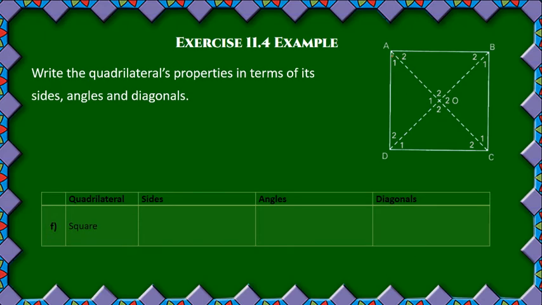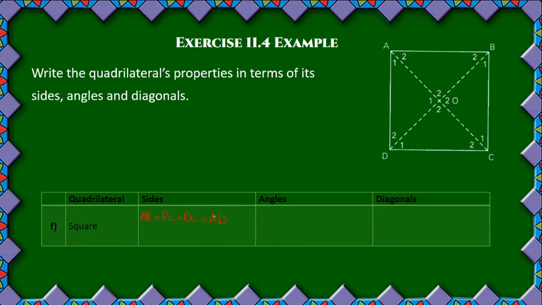We know that these sides for a square are all equal. So therefore I can state that AB is equal to BC is equal to DC is equal to AD. So that's stated.